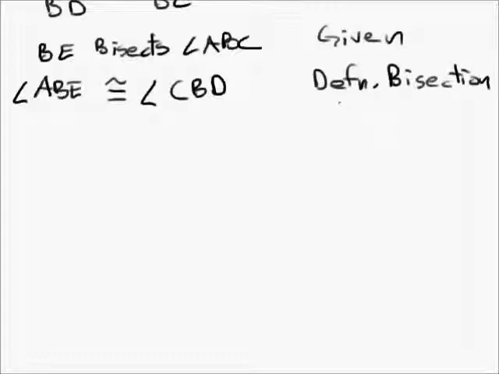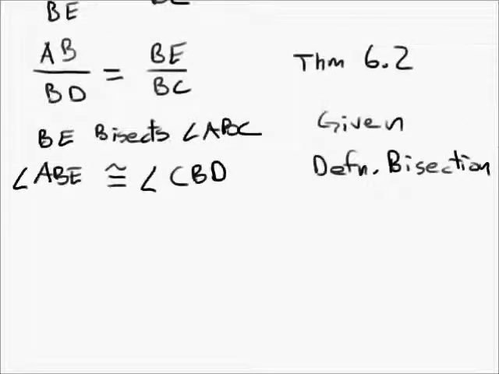When we say a line segment bisects an angle, it's into two equal parts. So we've got congruent angles, we've got proportional sides. That means we've got similar triangles.